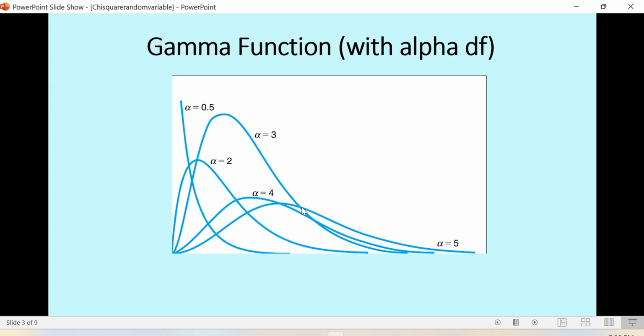You can see that when the degrees of freedom for the chi-square distribution increase, the probability density curve gets closer to a normal distribution.